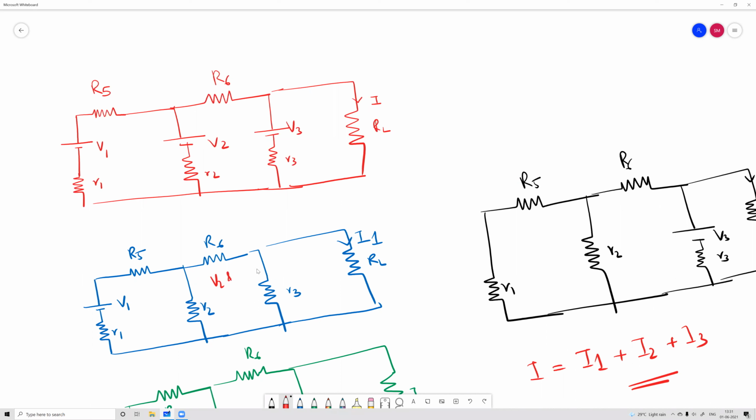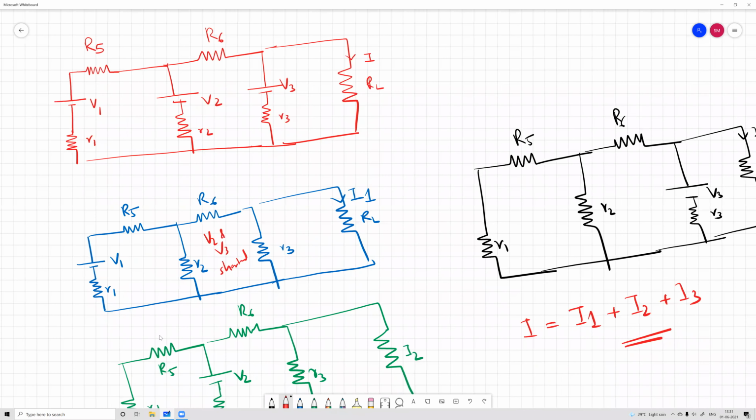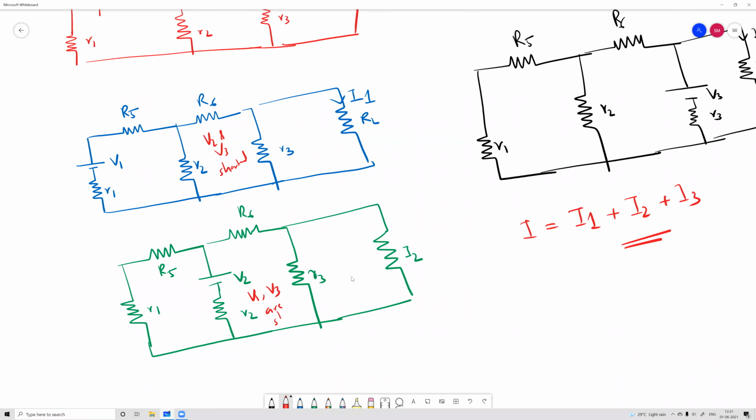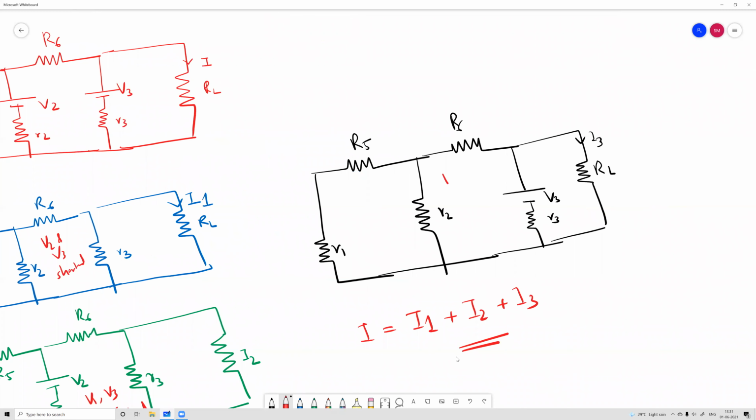V2 and V3 shorted. We measure this current I1. Second, we take only V2, V1 and V3 are shorted. We measure the current I2. And finally, we take only V3, V1 and V2 are shorted, and we can measure the current I3.